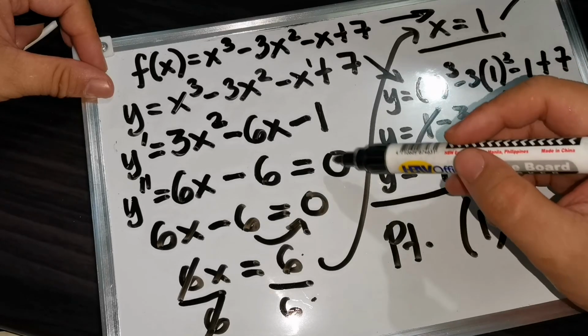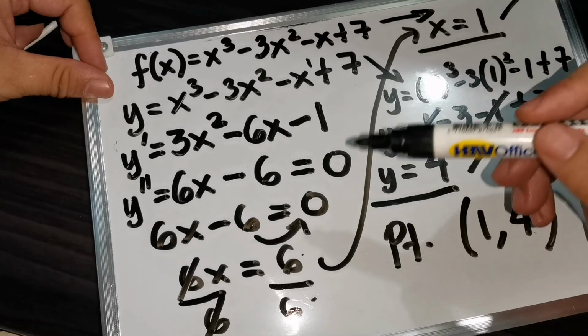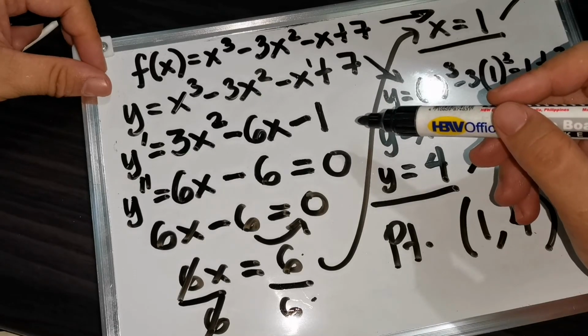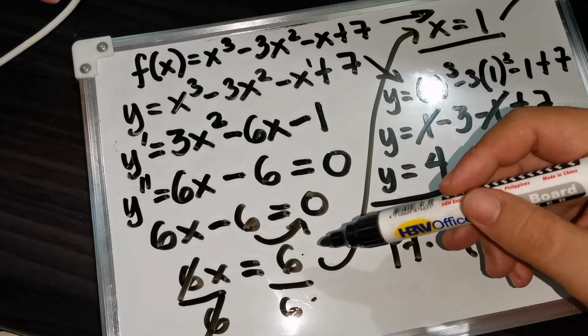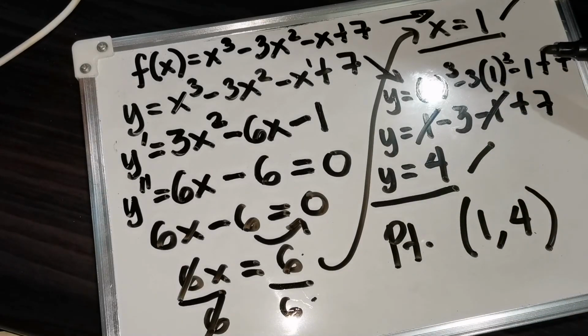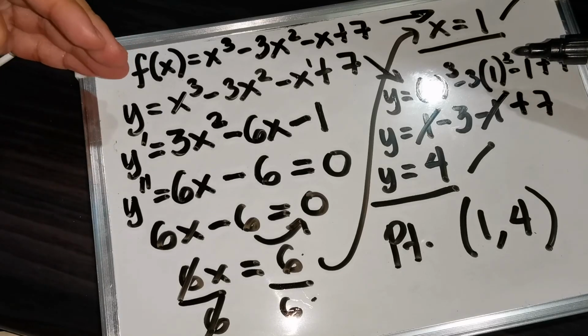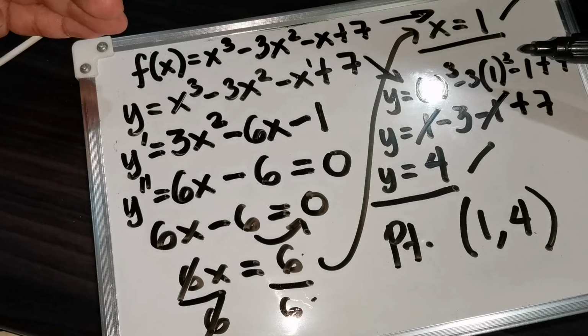Then let's go now to your second derivative. Then we assume that your second derivative will be equal to 0. Then for us to find the value of a given variable on that second derivative, then move forward with the substitution of the computed value to the original function for us to get the second coordinate.